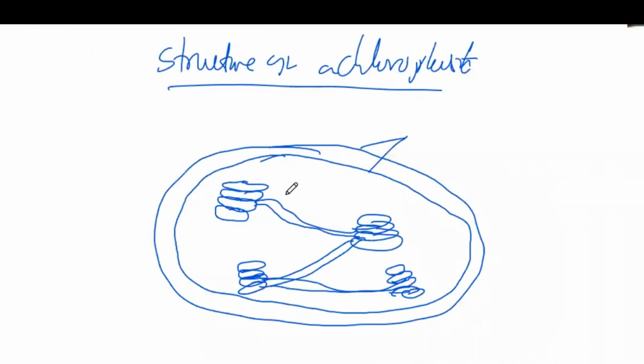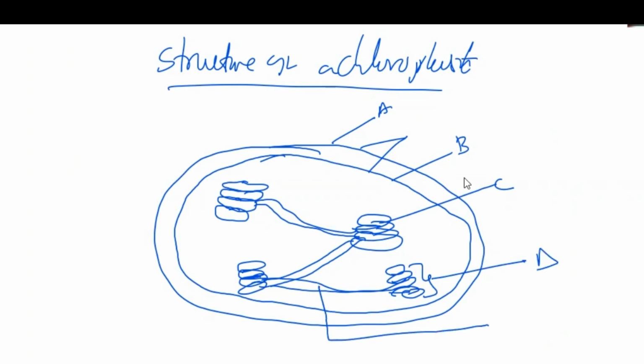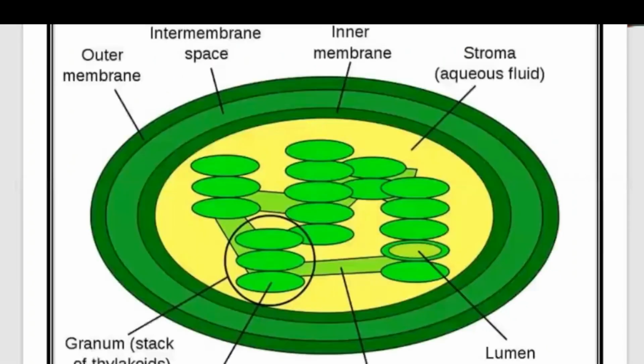Each sac is called a thylakoid. You may be asked what is A, what is B, what is C, what do you call the collection of these sacs, what is D, and what do you call these, that is E. So that's what we are looking at here.